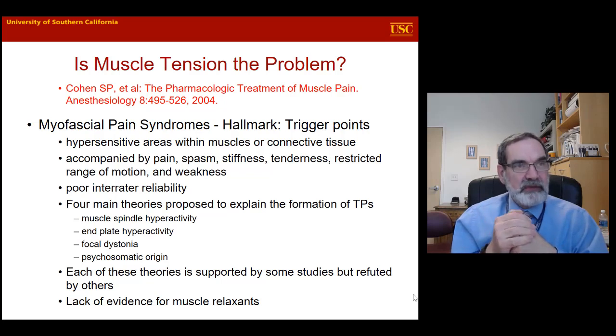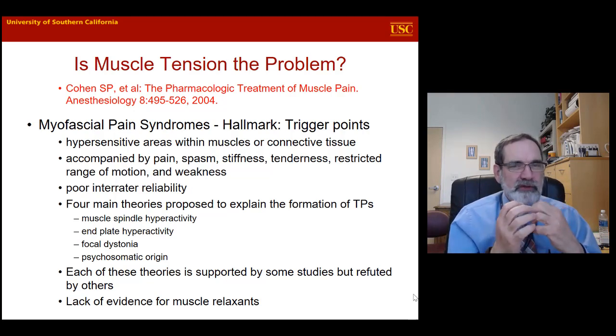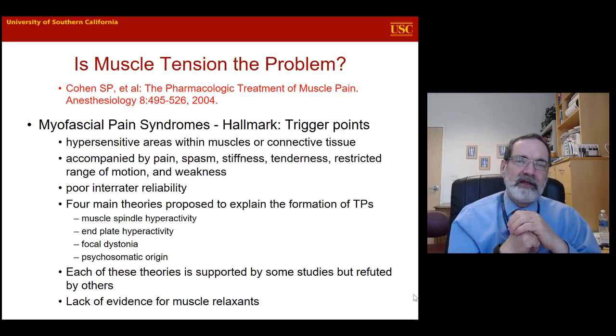There may be spasm. You may actually feel when you examine the patient that there is contraction of that muscle. There may be stiffness and tenderness there. The range of motion of that muscle is often reduced if you're able to examine that issue. And there may be weakness associated.